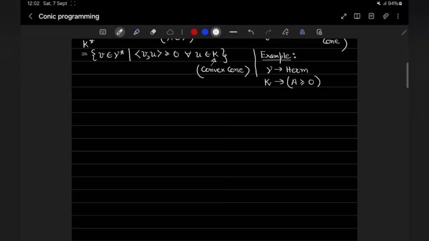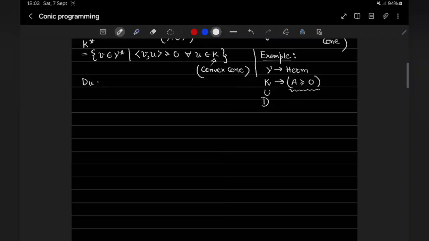They form a convex cone because they form a convex set, and you can scale any element by a positive number and it is still a positive semi-definite operator. This set is very useful in quantum information theory because the set of density matrices is contained in this set, with just trace equal to 1. They are trace normalized.